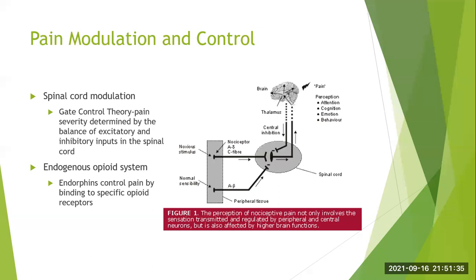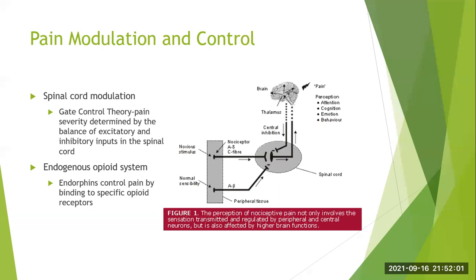The endogenous opioid system is a descending system. So endorphins that are produced by the brain control pain by binding to opioid receptors. So the brain produces its own chemicals, and it descends to control the pain from that end.